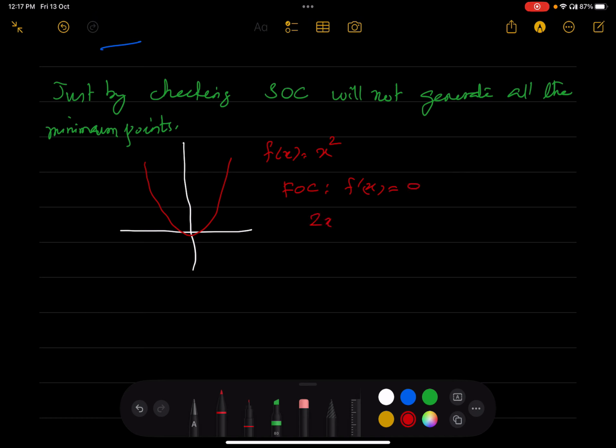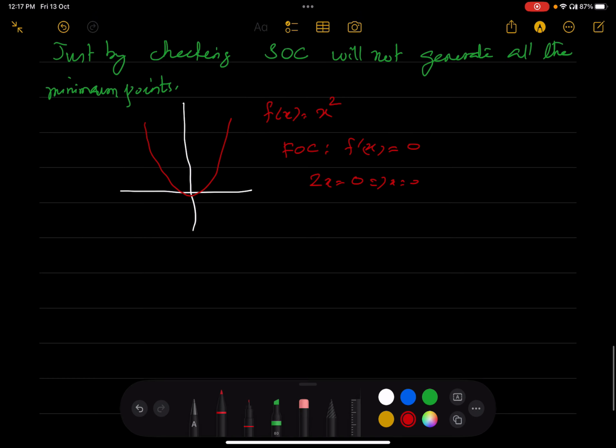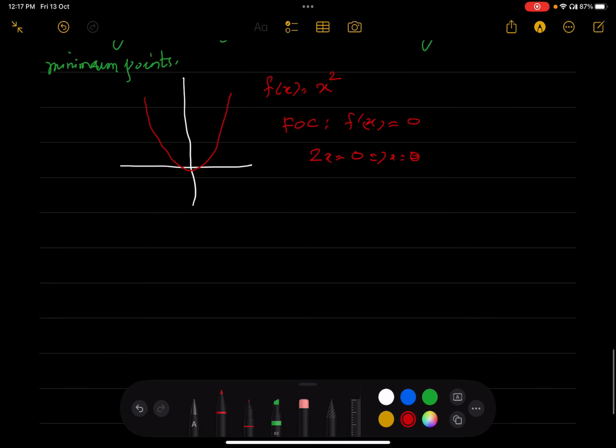So it will be 2x is equal to 0, x is equal to 0, right? Now the second order condition check is at this point, which is actually our x star. We take the second derivative, and that should be greater than 0.